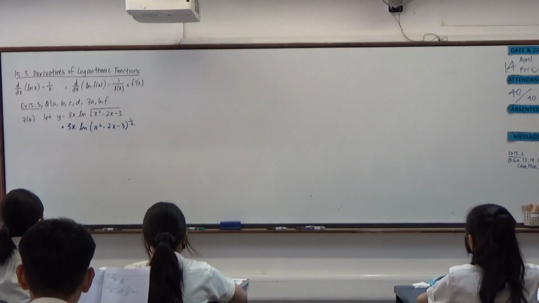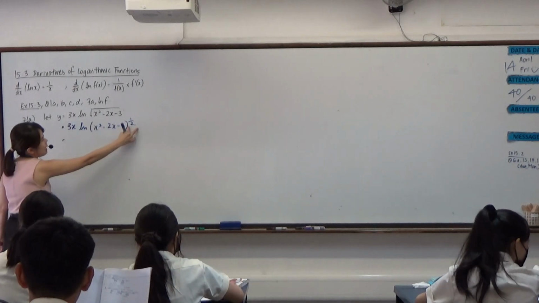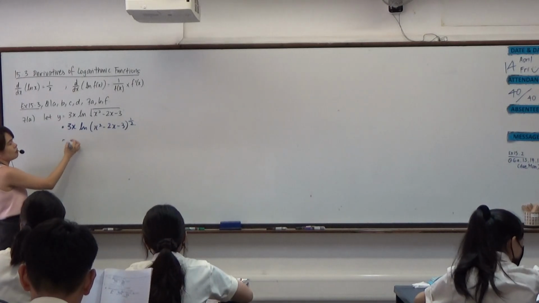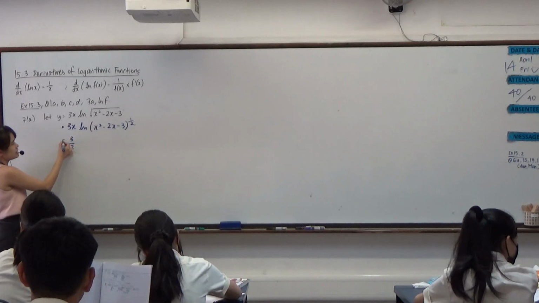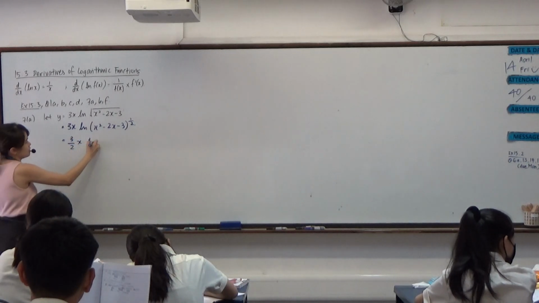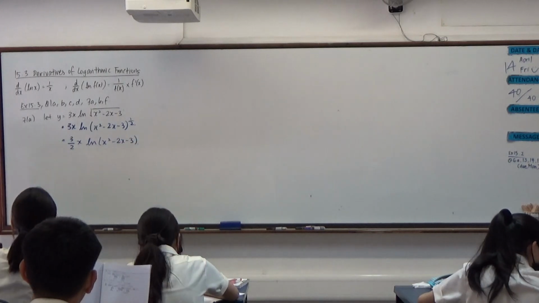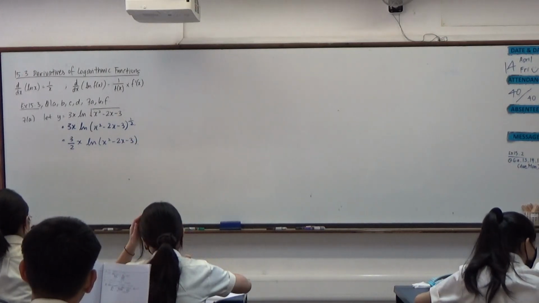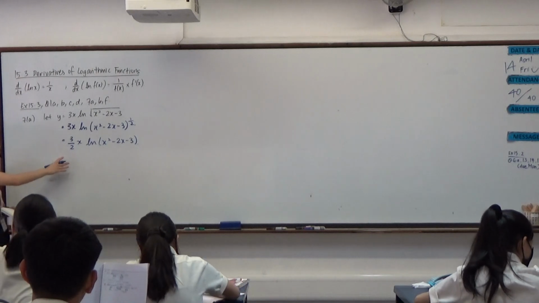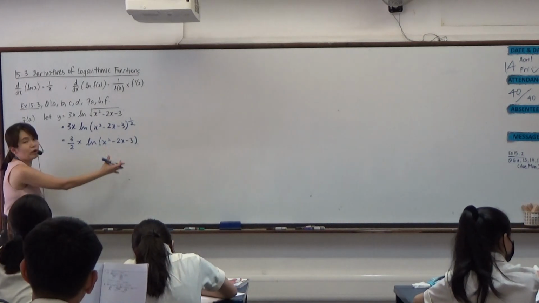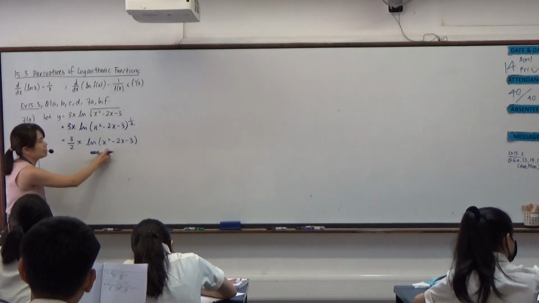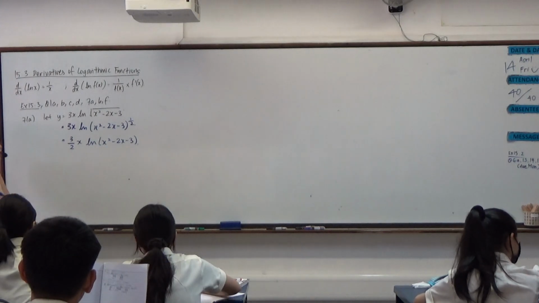Using our logarithmic laws, my power half can come down to the front of the logarithm, which makes it 3 over 2x ln of x squared minus 2x minus 3. This is the only extent that you could simplify it to. There's no other way to break out the logarithm anymore, because inside of it is all connected by subtraction.